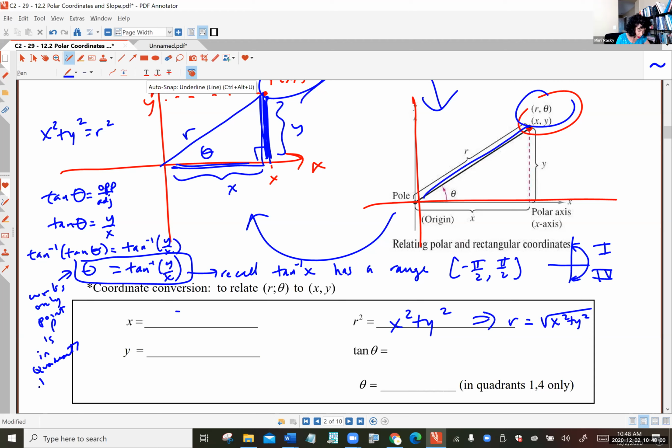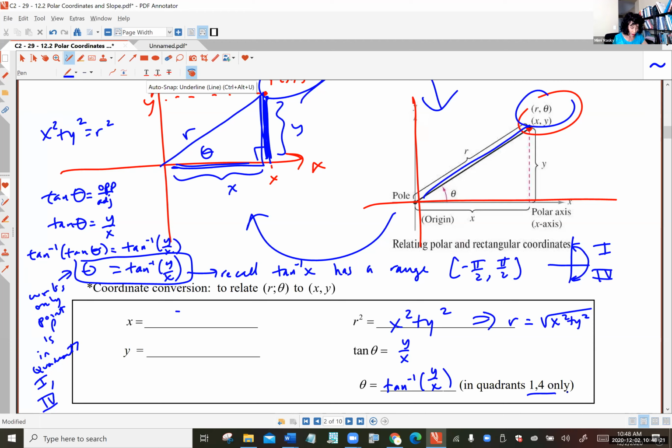Well, what if you're in quadrant 2 or 3? Don't worry, I'm going to teach you what to do in that case in 2 shakes, all right? But first, let's write this down. So tan theta is equal to y over x, and then theta is equal to arctan y over x, and it works in quadrants 1 and 4 only.